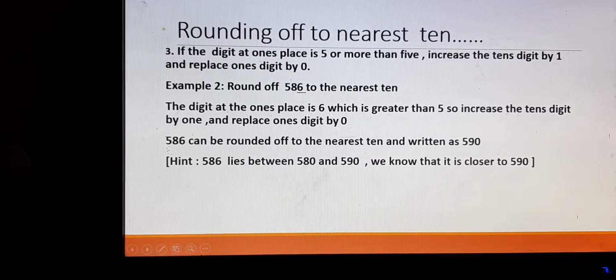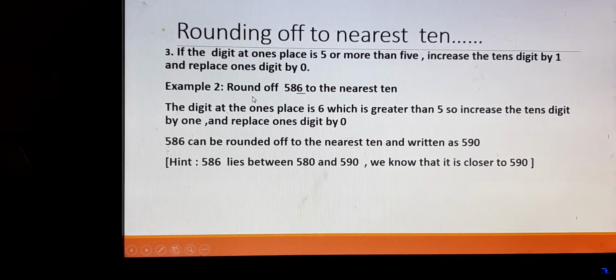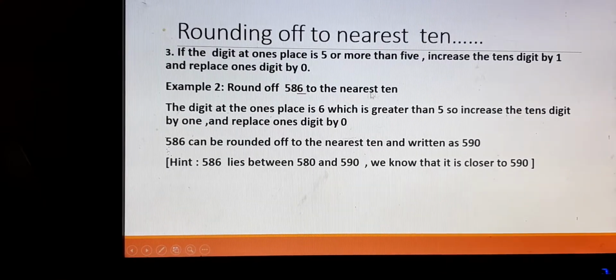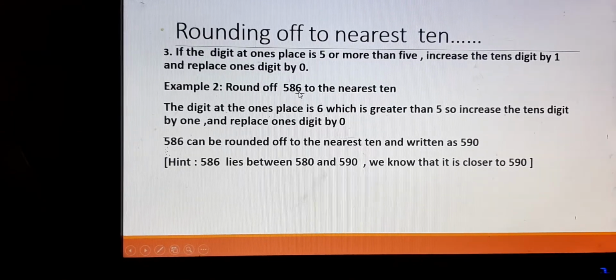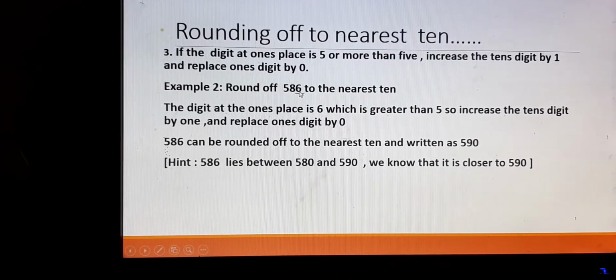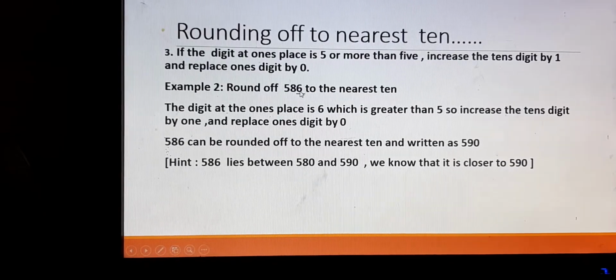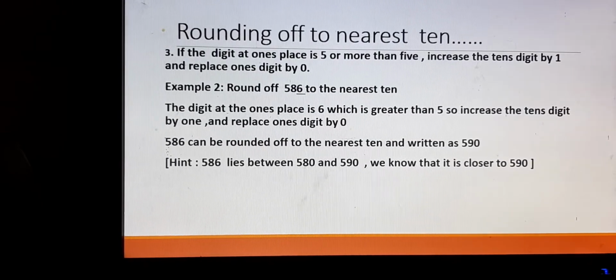Let us see here, round off 586 to the nearest 10. You look at the units place. What is the units place? 6. You have to think whether it is more than 5 or less than 5. We say 6 is more than 5. So 6 is a rich number.